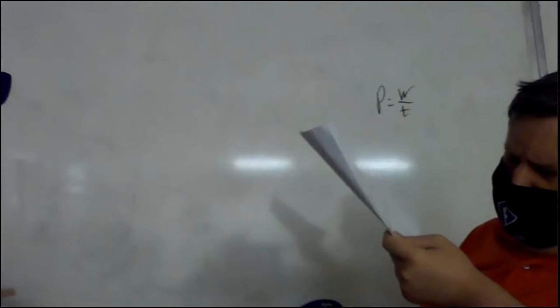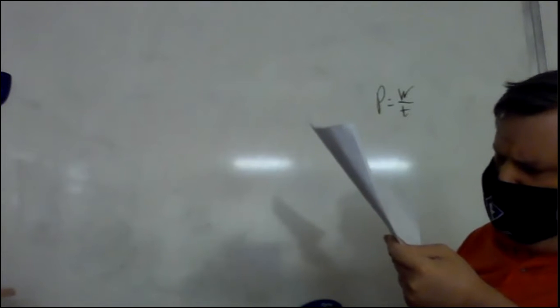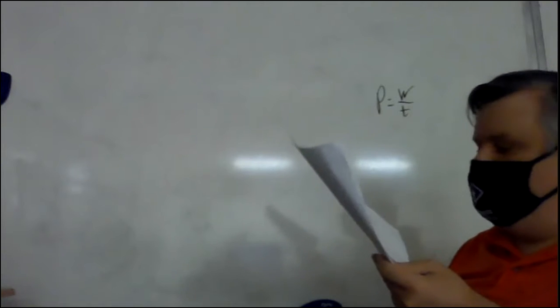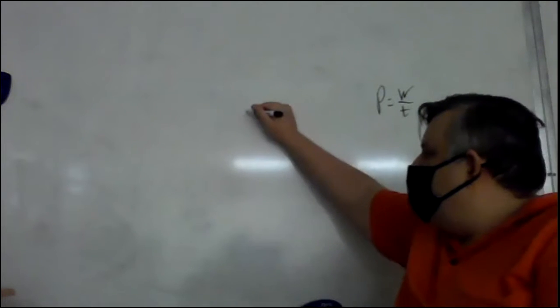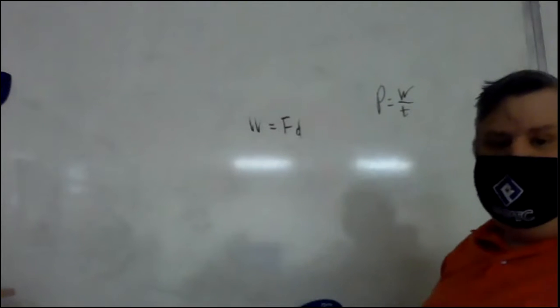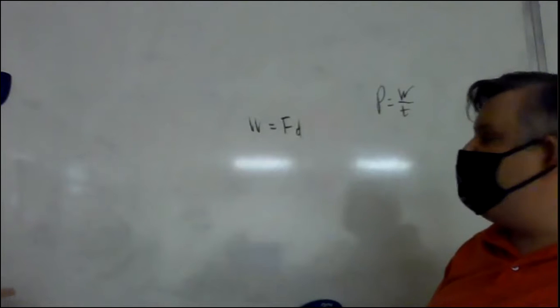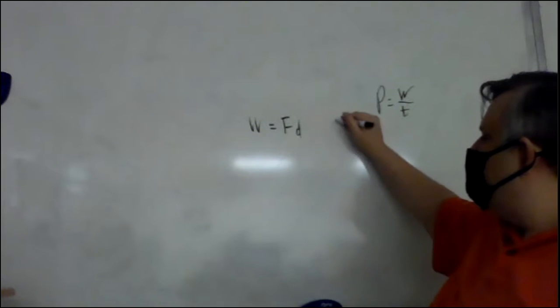So number 28. You lift an object with 1,000 newtons of force, a distance of 5 meters in 10 seconds. How much work did you do? And how much power did you use? We're going to have two work formulas. One that has force in it: W is equal to F times D. Work is equal to force times the distance you move the object.